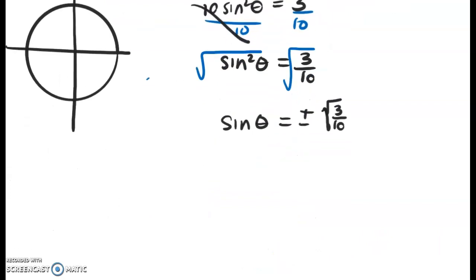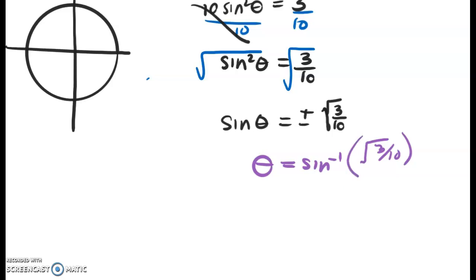In order to give me that angle, I am going to say theta is equal to the inverse sine of the square root of 3 over 10. I keep writing this incorrectly. The whole thing is square root 3 over 10, so everything is underneath the square root symbol. Now I'm going to put this in my calculator.